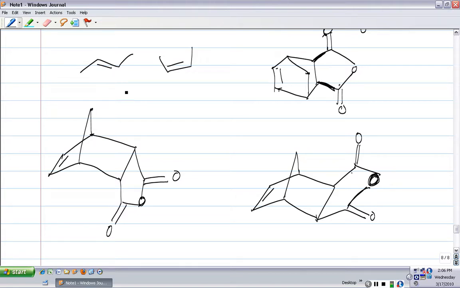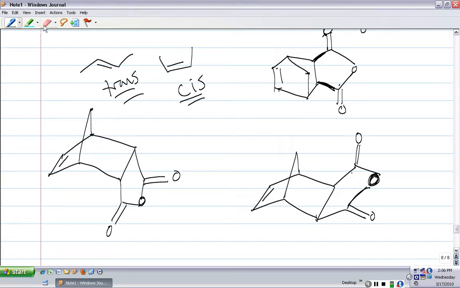They're both butenes, but I can't call two different compounds by the same name. So I make up a label that calls this one cis-2-butene and I call this one trans-2-butene, right? So often in organic chemistry, we have to come up with labels to distinguish one species from the other. We saw exactly the same thing with the R and S.